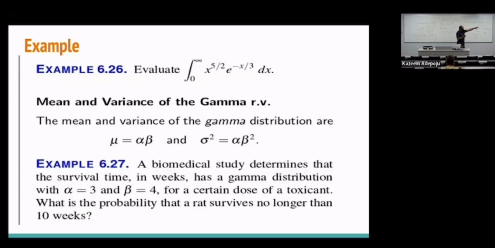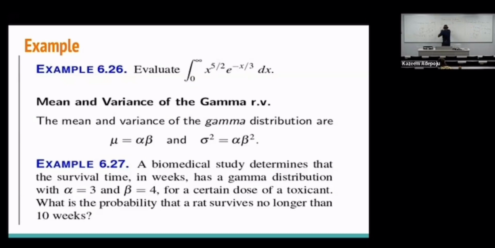Okay, let's take a look at this. A biomedical study determined that the survival time in weeks has a gamma distribution with alpha equal to 3, beta equal to 4. For a certain dose of a toxicant, what is the probability that a rat survives no longer than 10 weeks? The fact that you've been told the probability distribution, and you've also been given the values of the parameters, you should be fine. All you're going to do here is make use of the distribution.